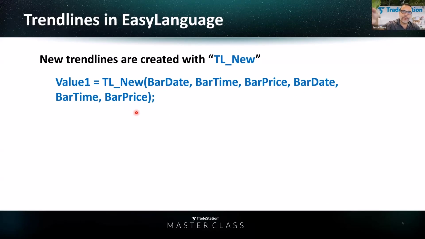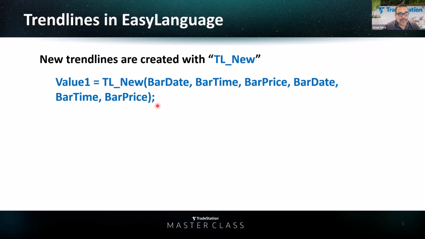The same anchor points that we've been modifying on the chart, those are the exact same anchor points that we need to provide inside parentheses to TL_new, so that EasyLanguage knows exactly where to begin the trend line, where to end the trend line, and it'll do it programmatically for you.